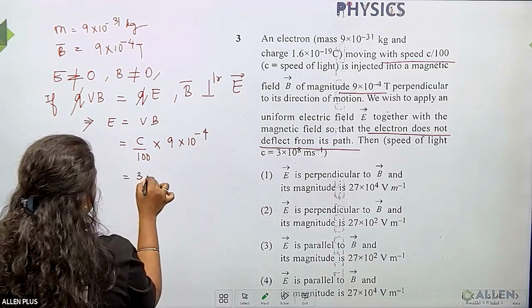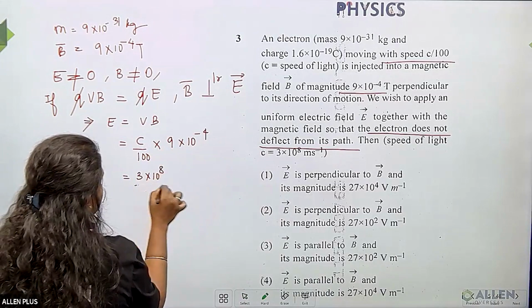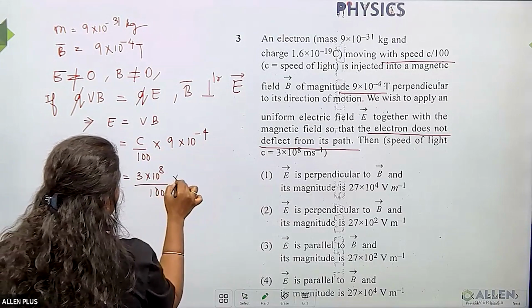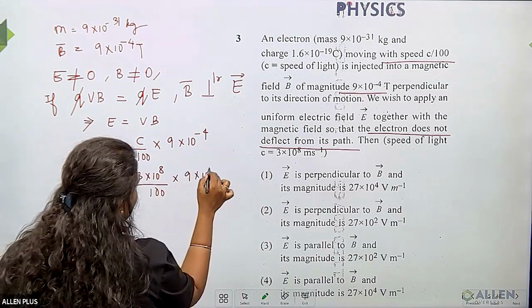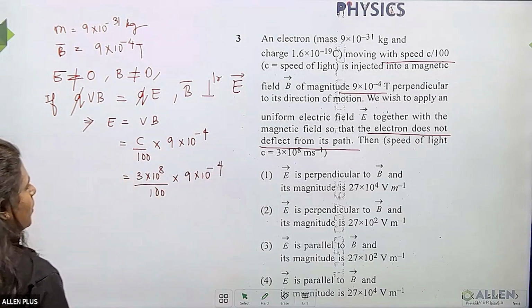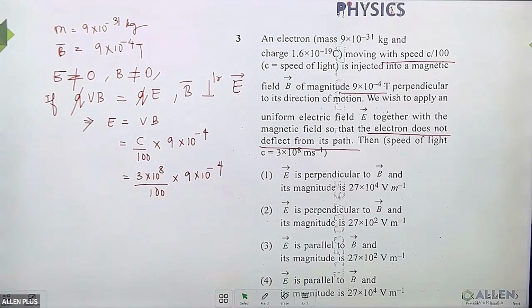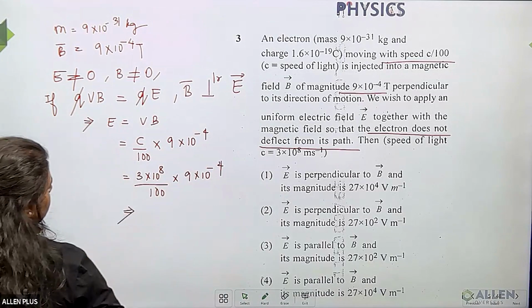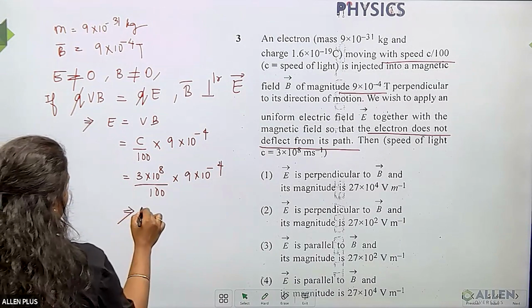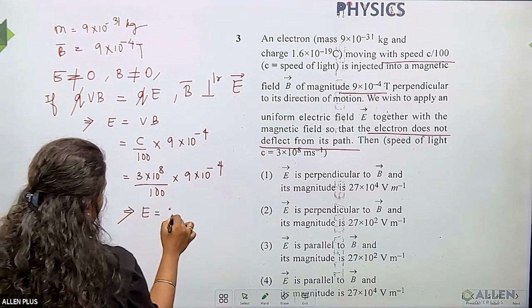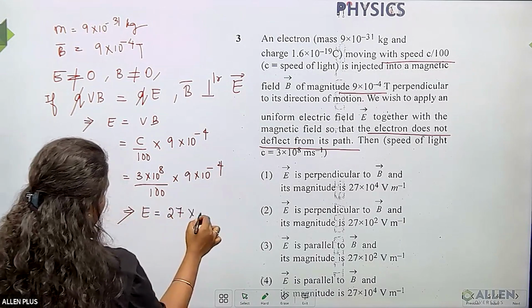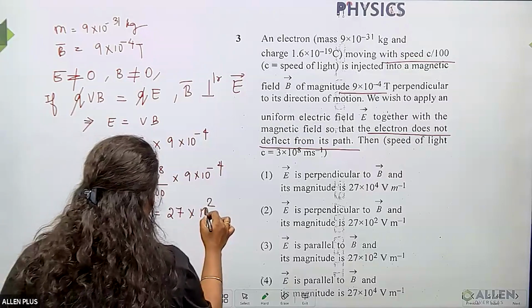This is equal to 3 into 10 to the power 8 divided by 100, into 9 into 10 to the power minus 4. On simplification, I would get the value of E equal to 27 into 10 to the power 2.